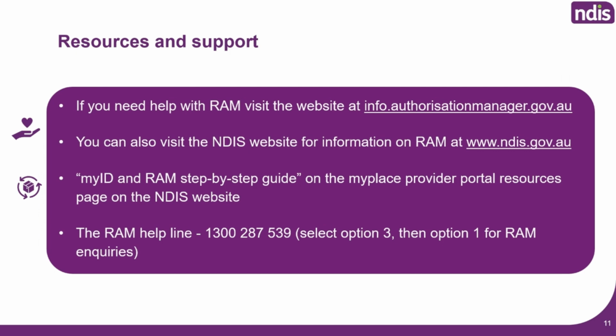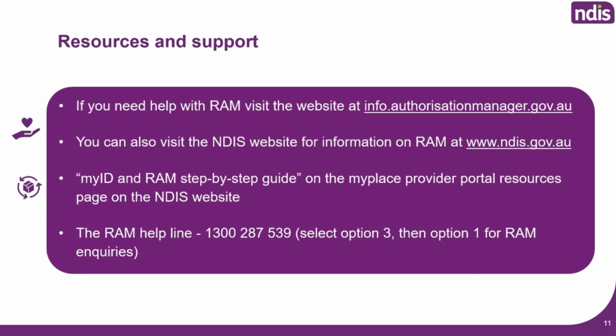There are a number of resources and supports for providers, including the RAM website, which is info.authorizationmanager.gov.au. You can also visit the NDIS website for information on RAM at www.ndis.gov.au.